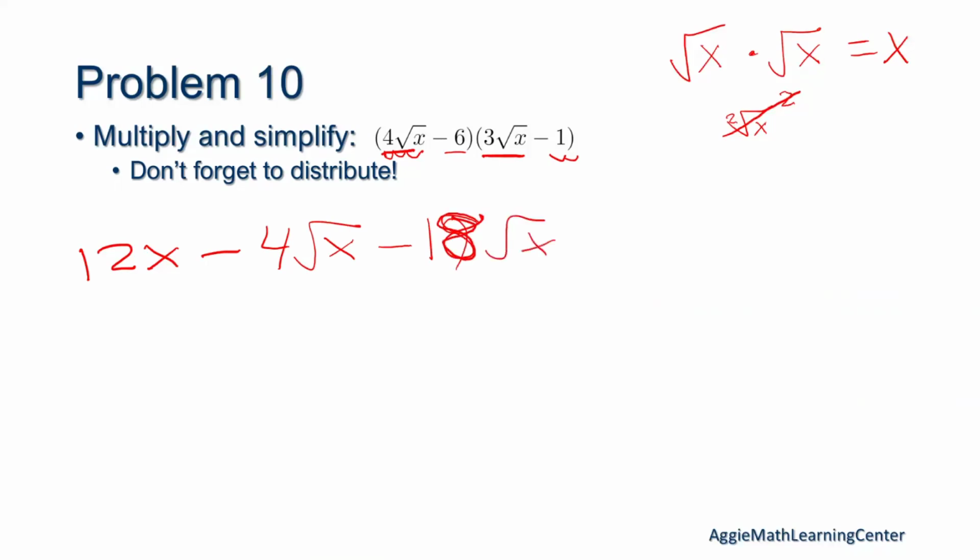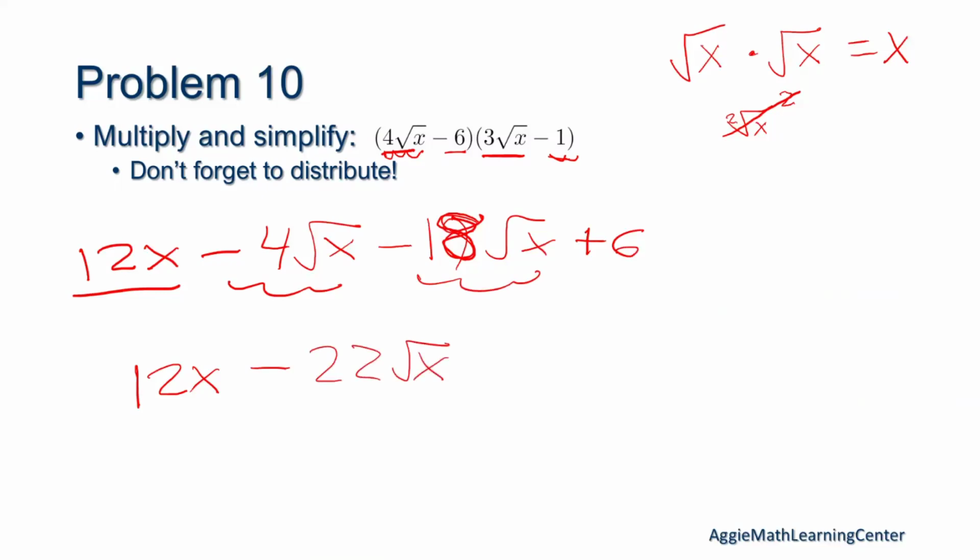Root x, and then last, negative 6 times negative 1 is positive 6. Now we can combine like terms. So this one's the only x, and these ones are root x. So negative 4 root x minus 18 root x, we can combine to get negative 22 root x, plus 6.